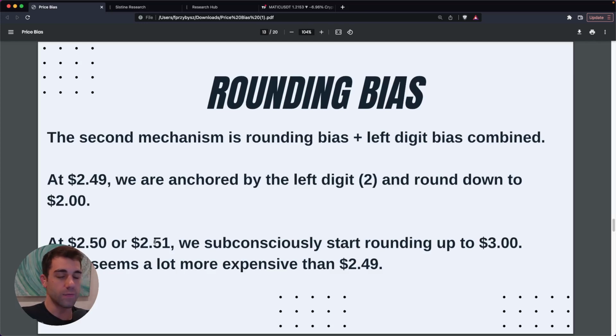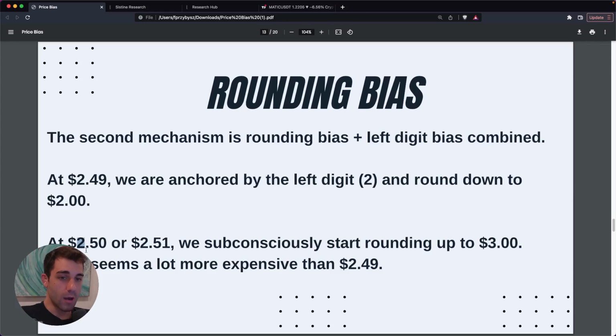And if you just think about how many times, especially if you work around numbers, or if you're looking at price charts of any kind, prices of any kind, numbers of any kind, your mind is subconsciously, automatically, without even telling it to, rounding those numbers up and down all day long, right? You go shopping, you're rounding numbers in your head when you look at prices. At $2.50 or $2.51, we subconsciously start rounding up to $3.